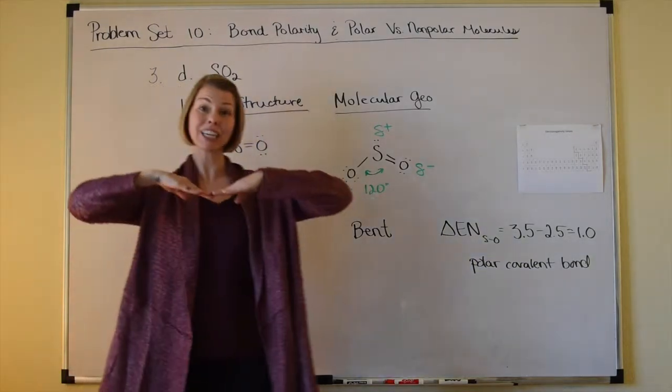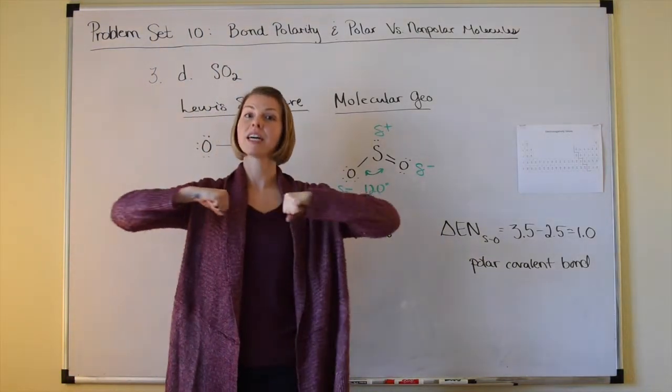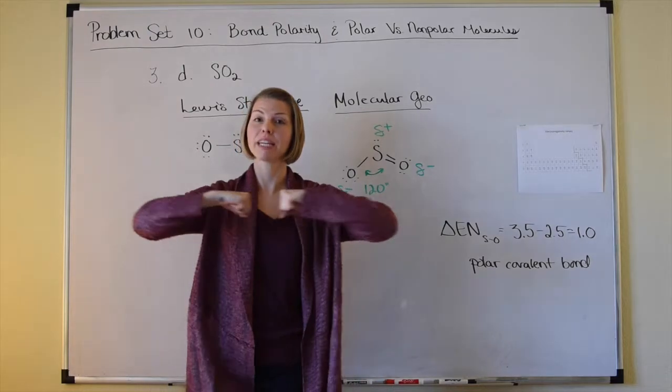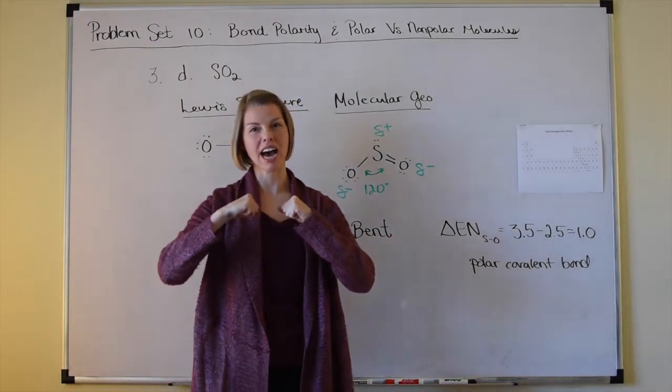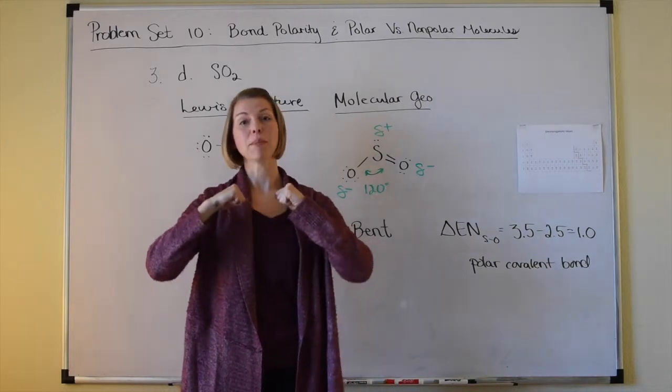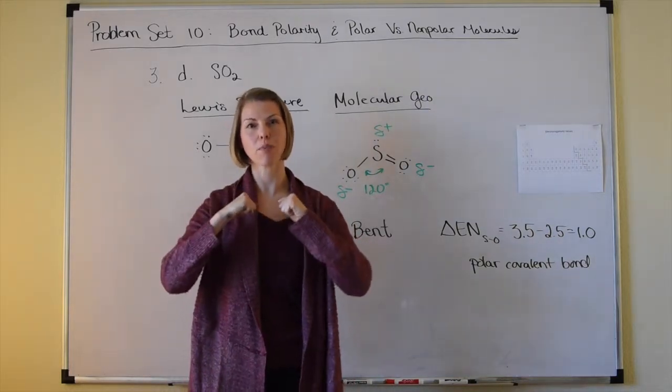Now, if this were a linear molecule, those would be opposing and they would cancel out to 0, but it's not. It's bent, and that's why that Lewis structure and molecular geometry are so important here.